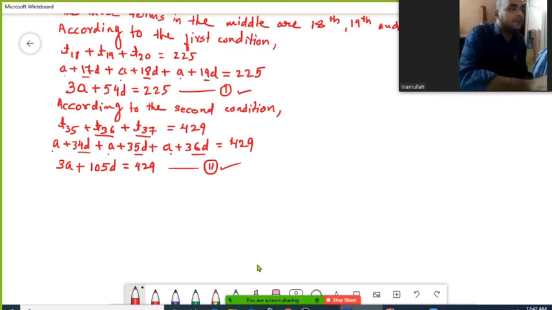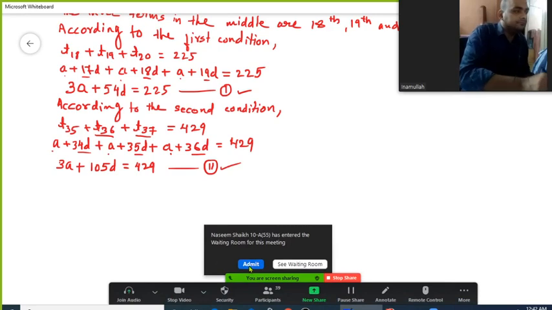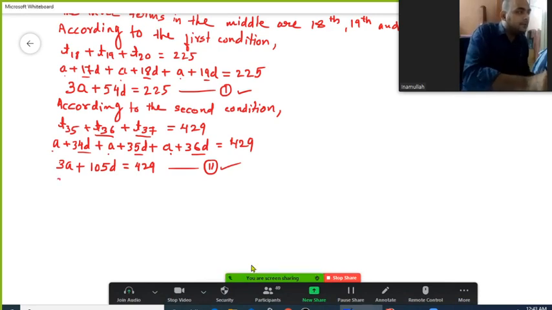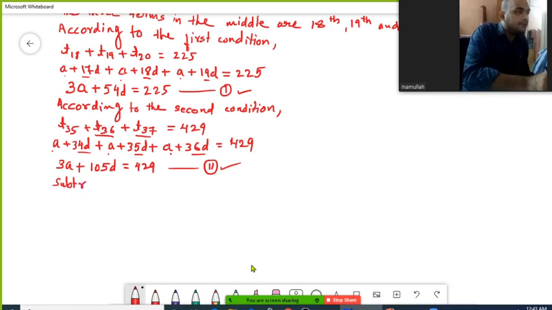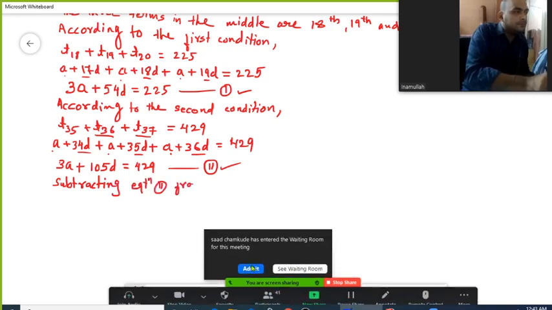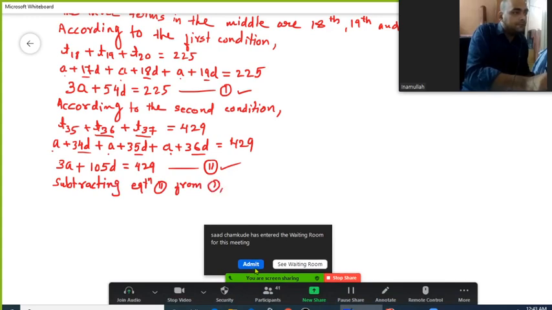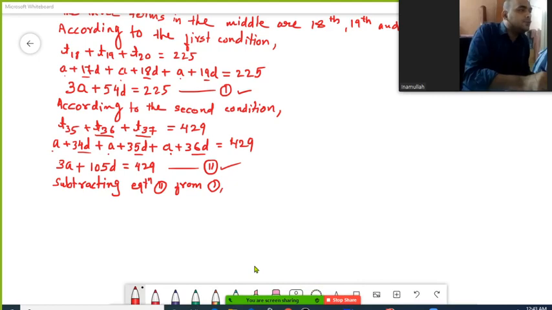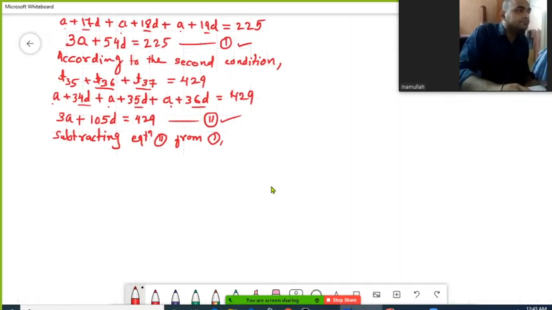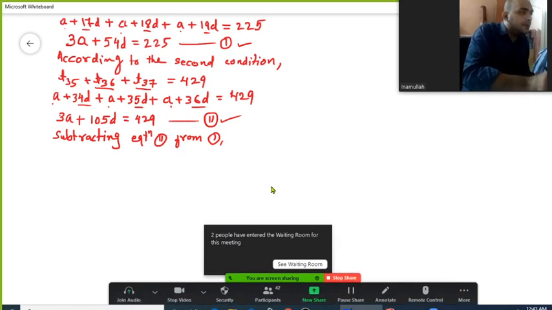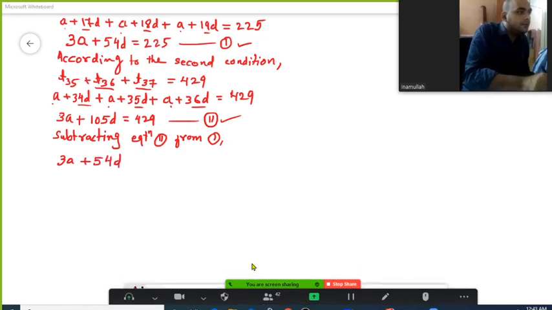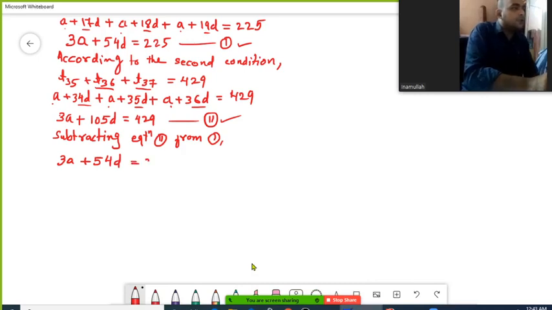Simply we can subtract equation 2 from 1 to find the value of D. So I'll write my equation number 1 first, 3A plus 54D is 225.